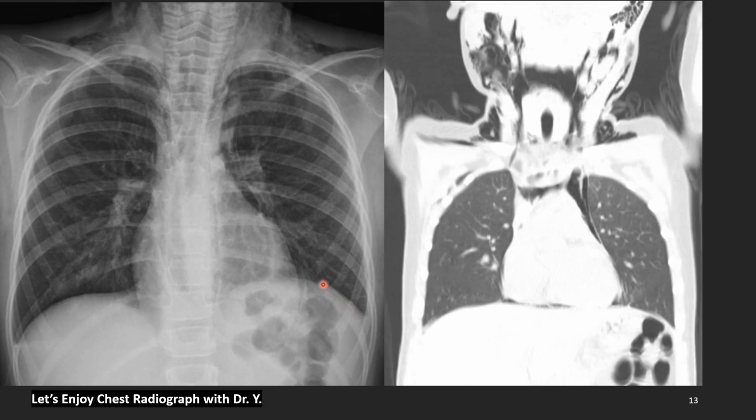This is a small boy with a frontal radiograph. Now I hope you can understand or even enjoy where the gases are. Does that match with these coronal CT images?